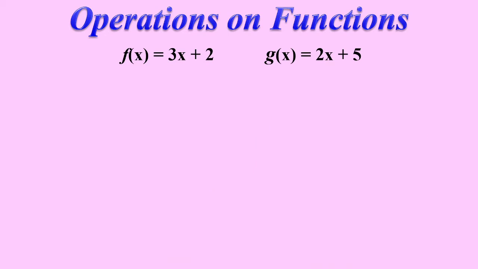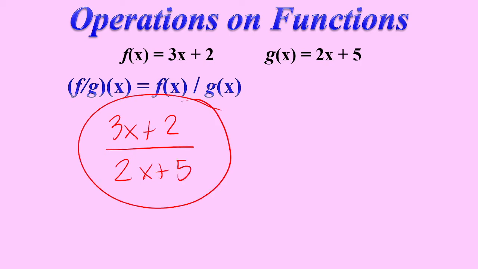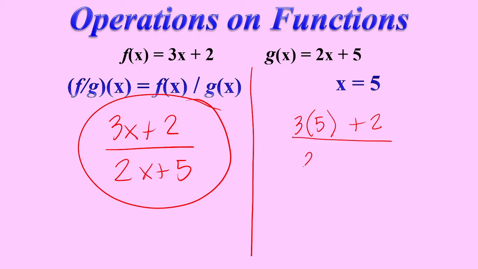Okay? Next, let's look at division. Division is the easiest. Our answer here is 3x plus 2 over 2x plus 5. Then to solve, we substitute. 3 times 5 plus 2 over 2 times 5 plus 5.